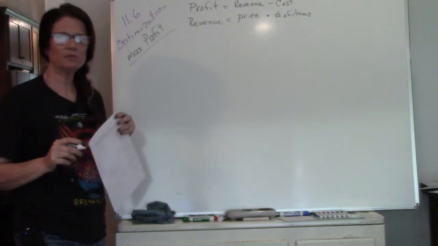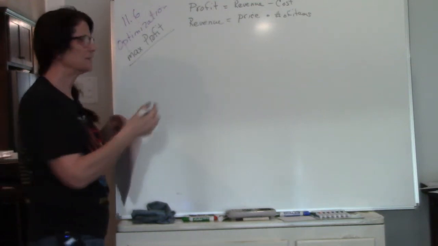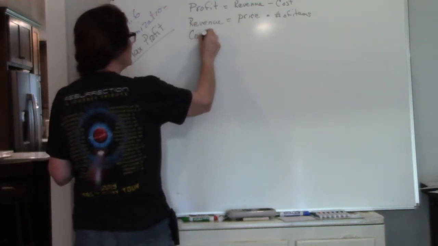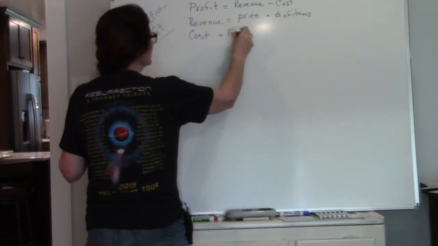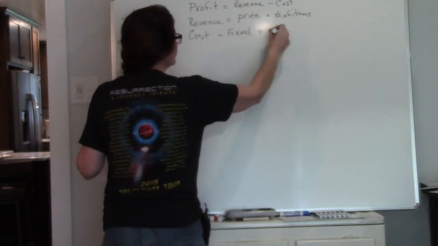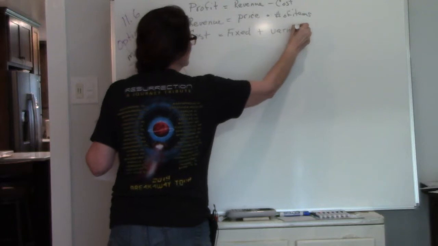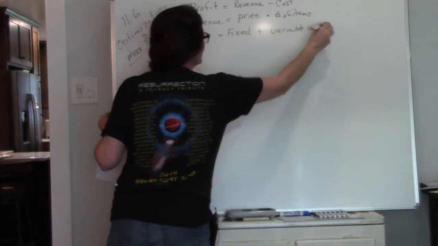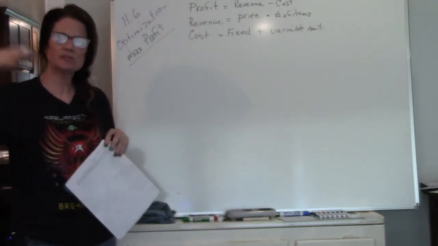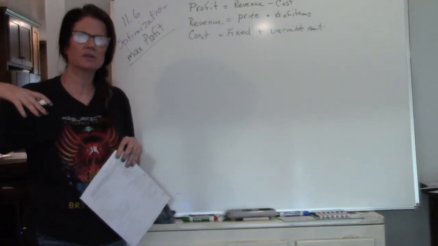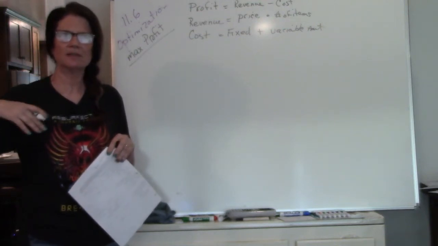And then cost is your fixed amount plus your variable amount. Okay, so that just kind of takes you back to 1324, and now we're bringing it back into 1325.